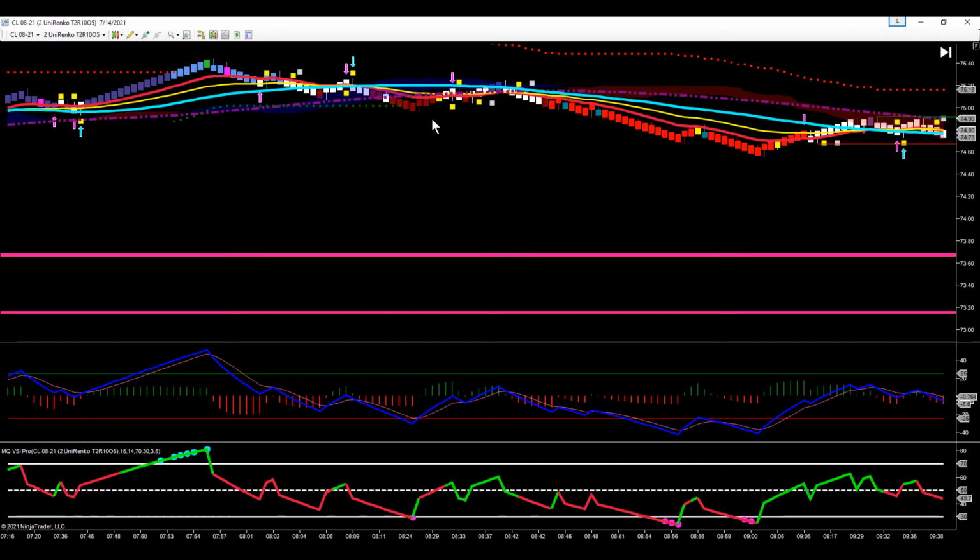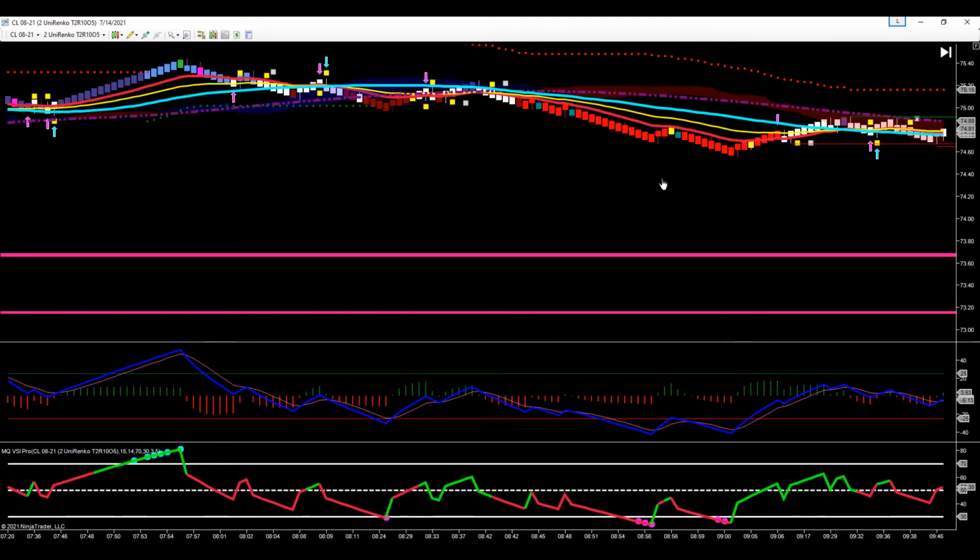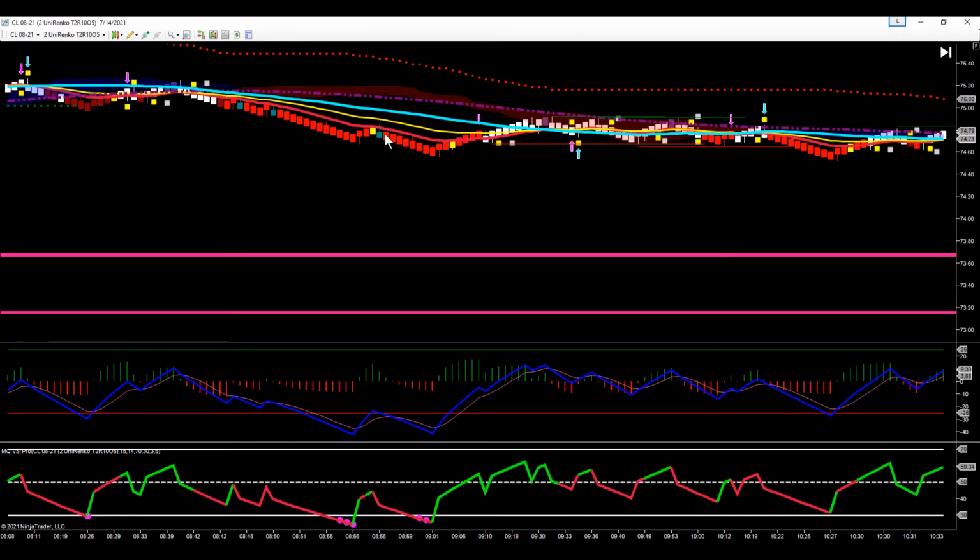Broke below the cloud, made a pullback, got a momentum reset, had our first wick out of the cloud, made a nice push to the downside, had another wick out of the cloud. This would have been good for $200-300 per contract, again, depending on how you're trading it. Had the opportunity to grab another $100 per contract.